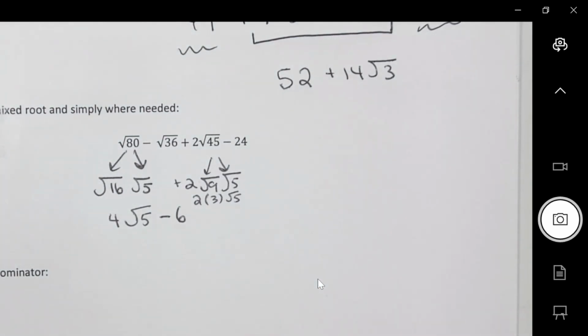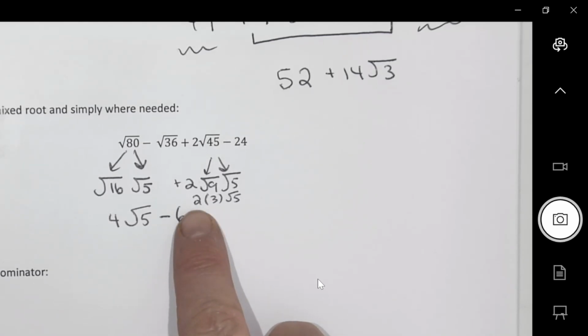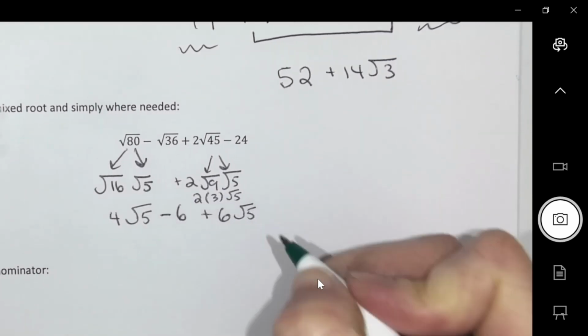The root of 9 is a coefficient number of 3, put it with the other coefficient number, makes 6 root 5.